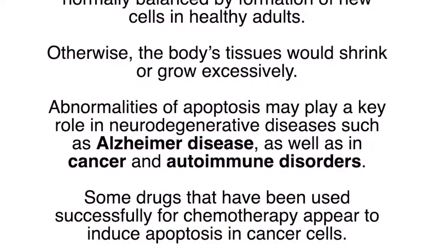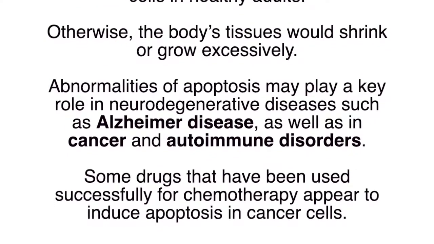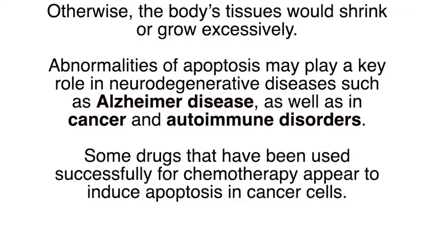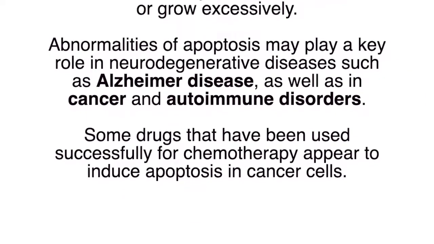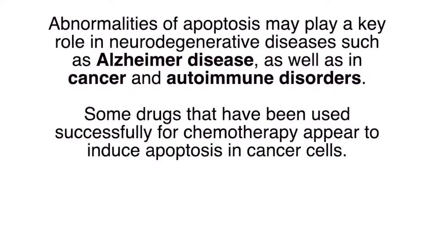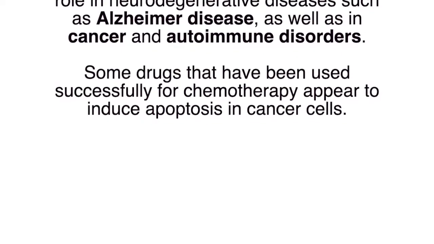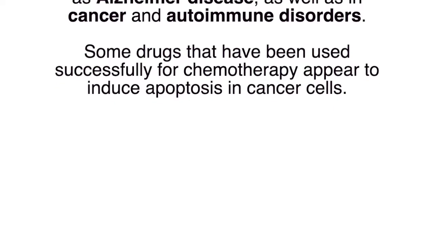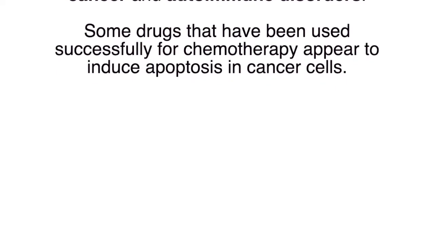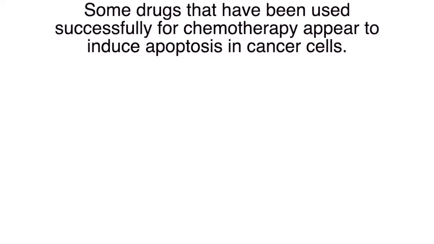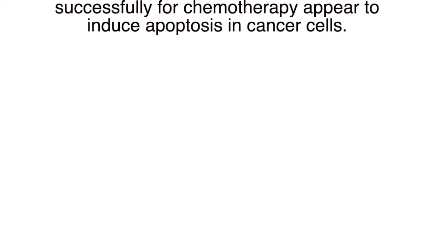Otherwise, the body's tissues would shrink or grow excessively. Abnormalities of apoptosis may play a key role in neurodegenerative diseases such as Alzheimer's disease, as well as in cancer and autoimmune disorders. Some drugs that have been used successfully for chemotherapy appear to induce apoptosis in cancer cells.